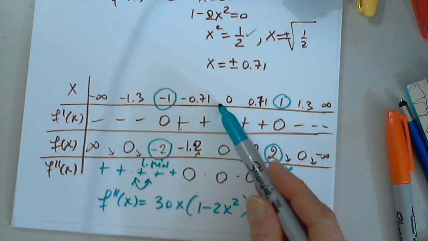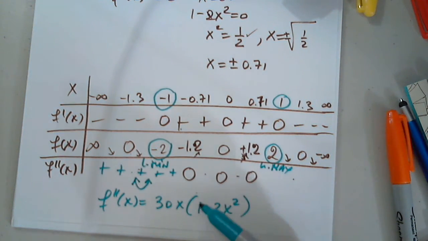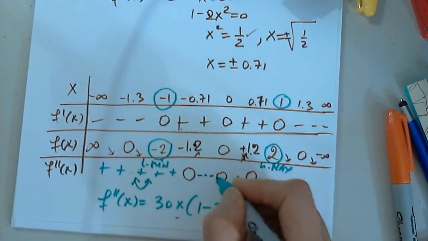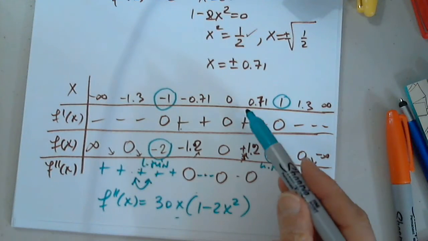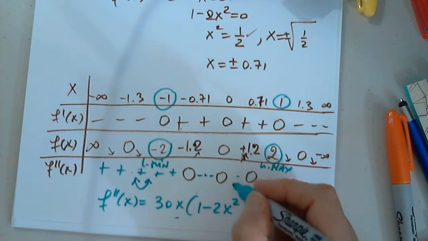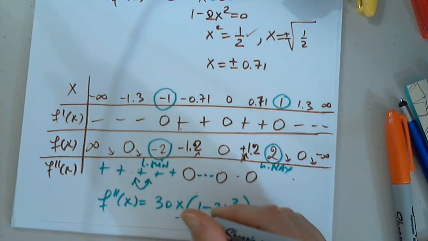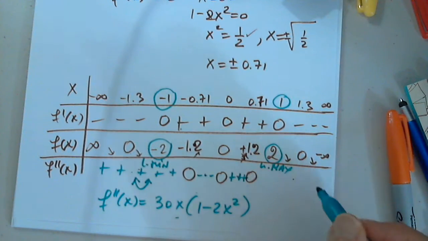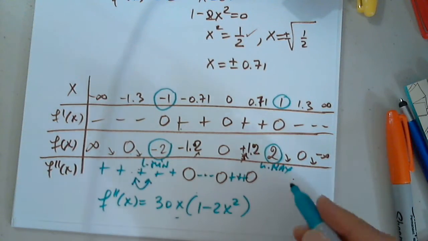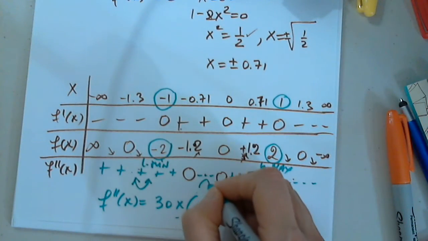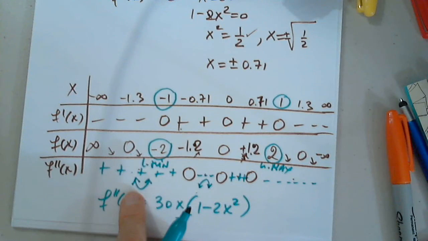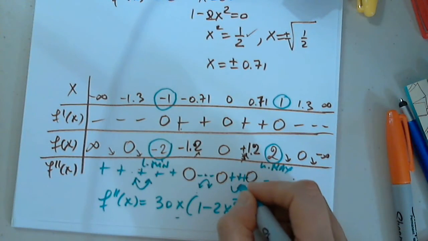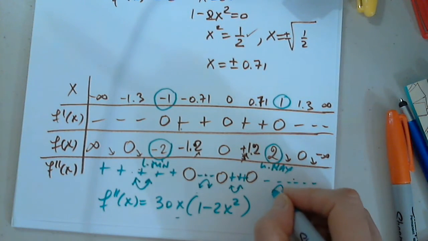Here this is a little bit difficult because I have to put in negative 0.1. So this is negative, and this will be positive, so that's negative. Here I put in 0.1, so this will be positive, and this will be positive. And when I plug in 10, this will be negative. So the function, we say it holds water, it doesn't. It holds water again, and it does not.